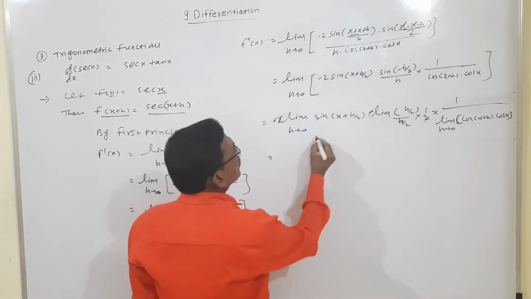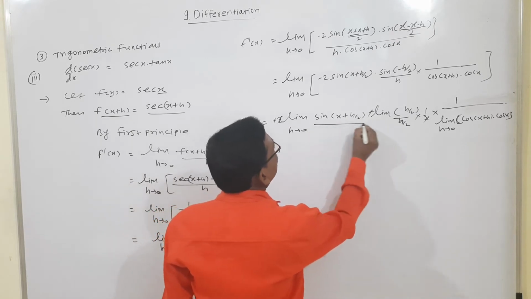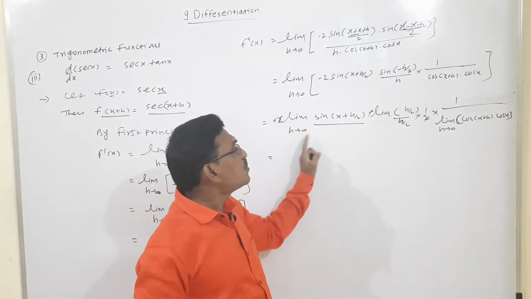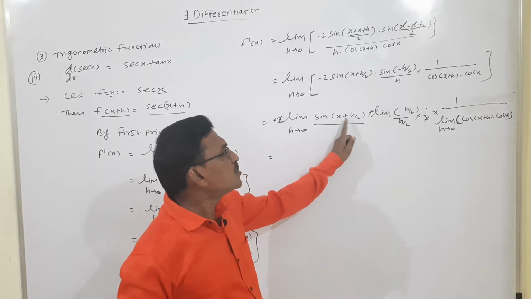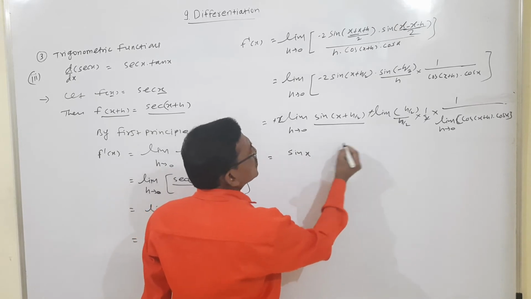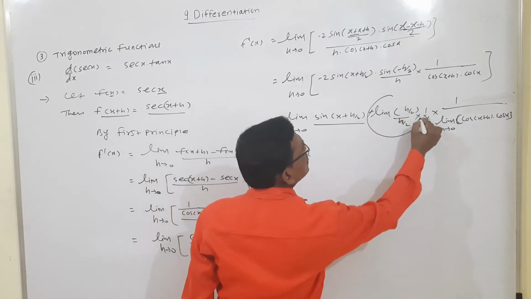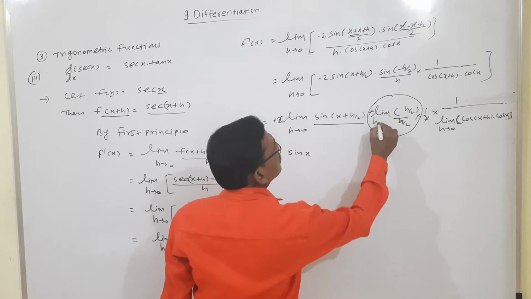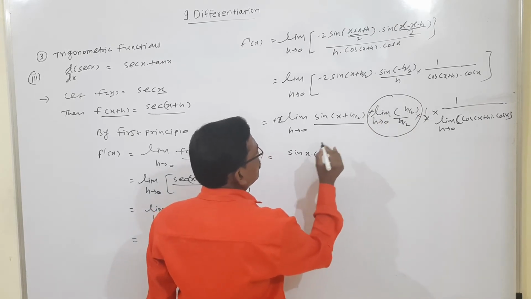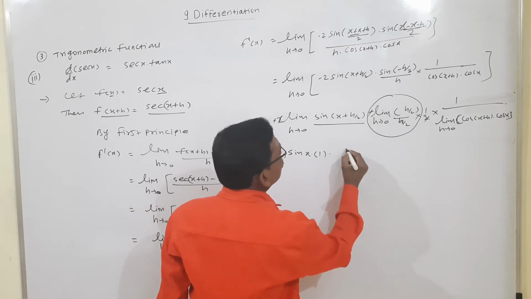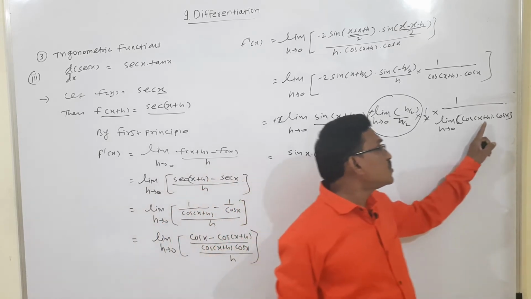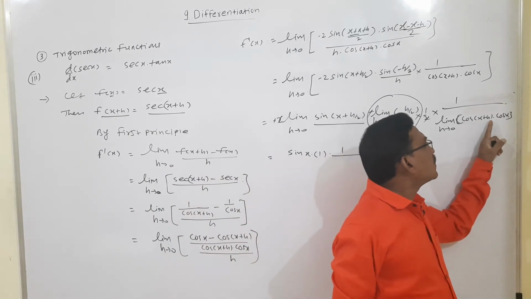So the limit of sine of x plus h by 2, when we apply the limit as h tends to 0, is sine x, into the value of this limit, which is 1, into 1 upon cos x into cos x, because h is 0.